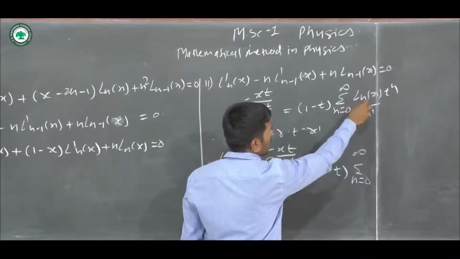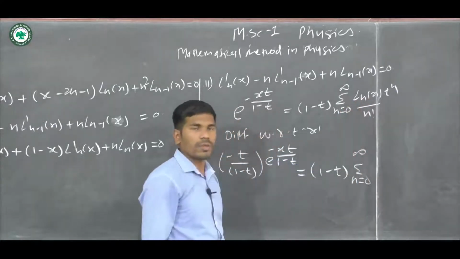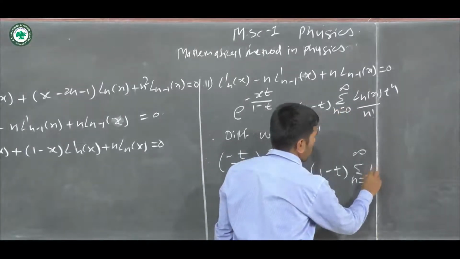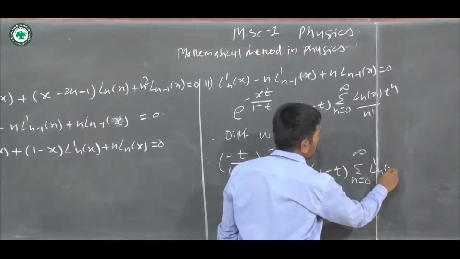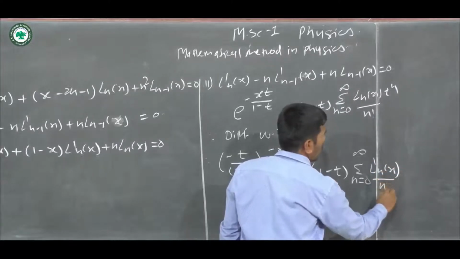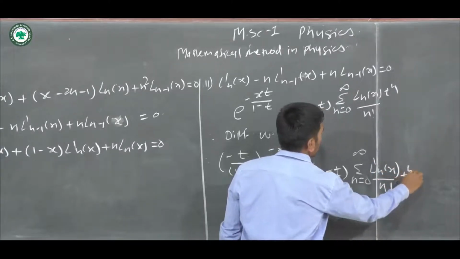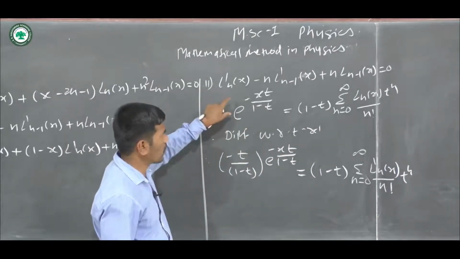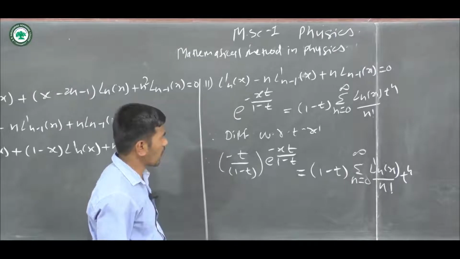This L_n(x) is a function of x, so we differentiate with respect to x, so it is L'_n(x) divided by n factorial into t power n. This is the differentiation of the relation with respect to x.